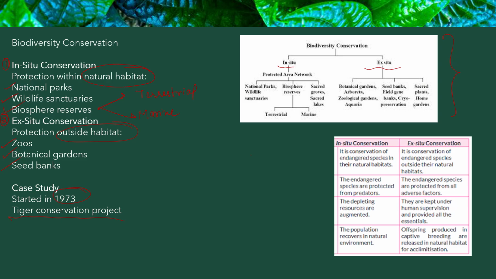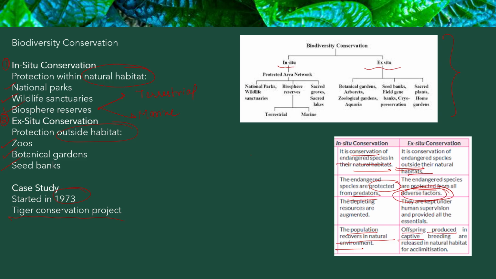And the difference table says conservation of endangered species within their habitat and outside their habitat. They are protected from predators. These are protected from adverse factors, all adverse factors. Population recovers in natural environment.